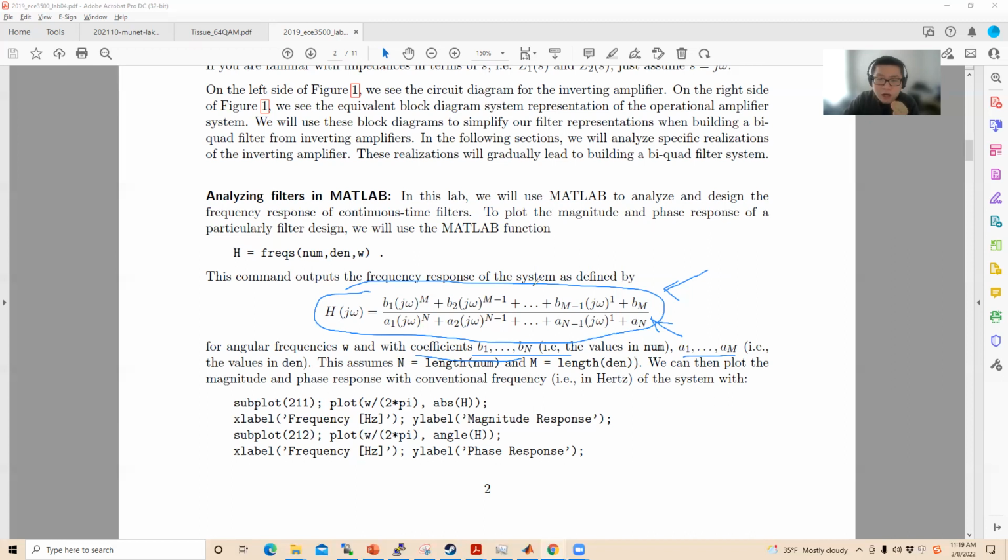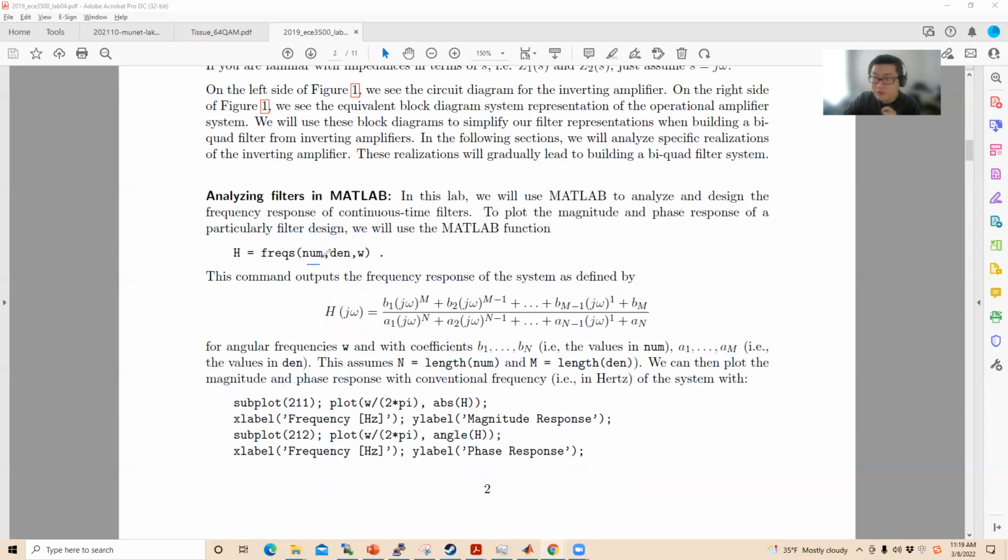How do we use our built-in function to show the system response? This part will tell you how to show the magnitude response of this system and the phase response of this system. You can see this built-in function is what we should use.